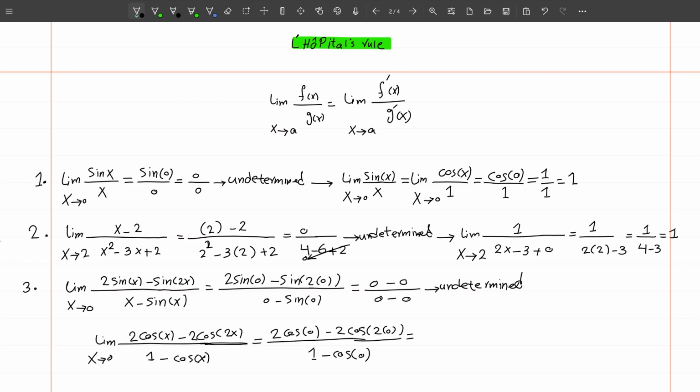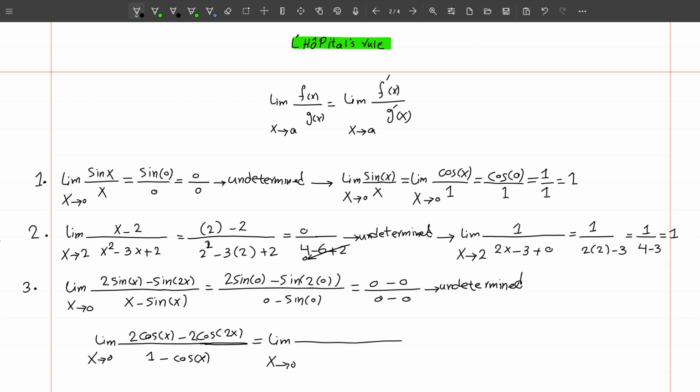This is going to be equal to 2 times cosine of 0, which is 1, and cosine of 2 times 0 is again 1. So 2 minus 2 over 1 minus 1. So this again is undetermined. So again, we'll take L'Hopital's rule and differentiate the numerator and the denominator of this function. Notice that we use L'Hopital's rule 2 times here.